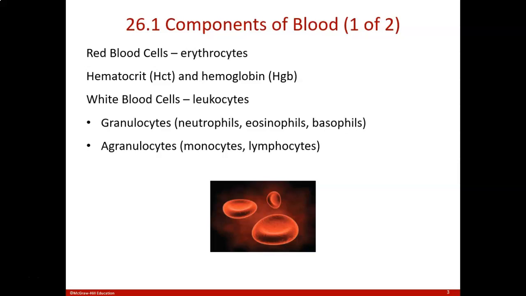Then we have lymphocytes, and lymphocytes are important because they create antibodies that help to modulate the juncture between our innate immune system and our adaptive immune system. So lymphocytes produce B lymphocytes and T lymphocytes that aid in maintaining our immune response and making memory cells, and that is why our vaccinations actually work.